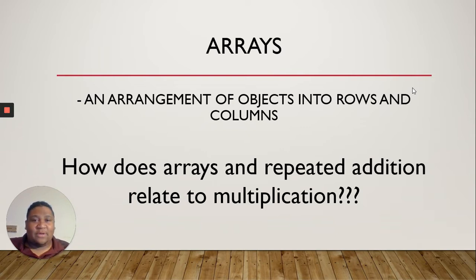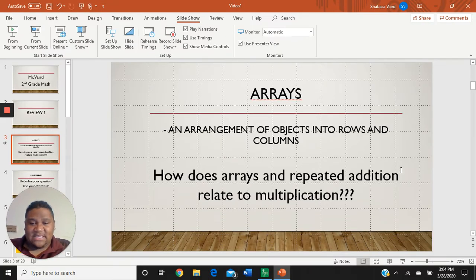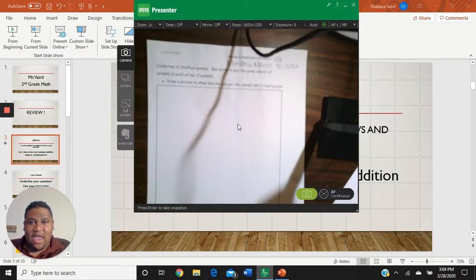All right, so let's go to it. I'm going to pull up our document camera, and this is actually the first page of your learning packet. So if you can pull it out, it's the first page of your learning packet. All right, let's look at it. It says Jaleesa has 12 stuffed animals.